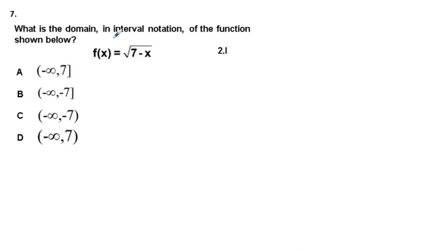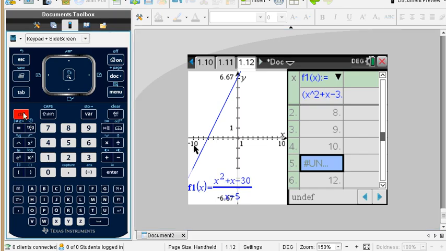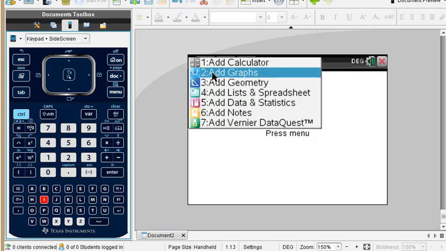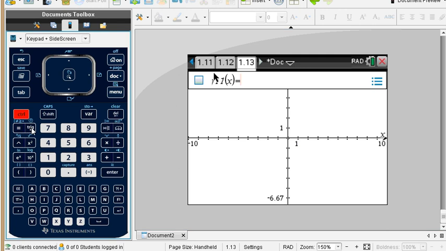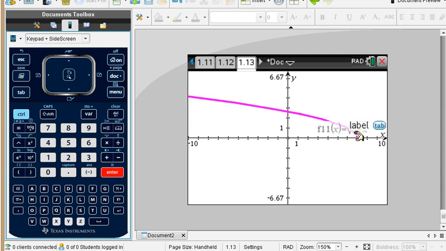7. What is the domain, in interval notation, of the function shown below? It'd be very easy to graph this. I didn't pre-graph this, but I'll do it right now. We have the square root of the quantity 7 minus x, and we see a function whose domain goes from negative infinity all the way up to and including 7.